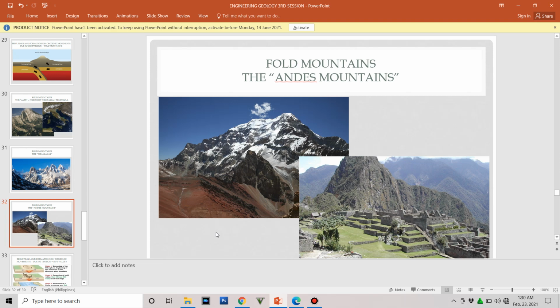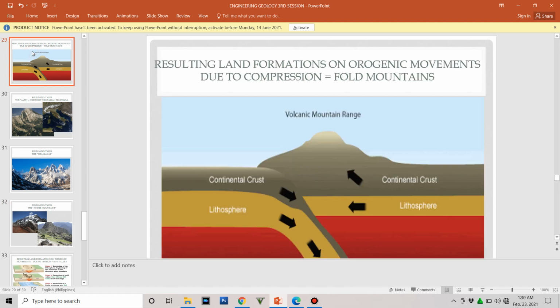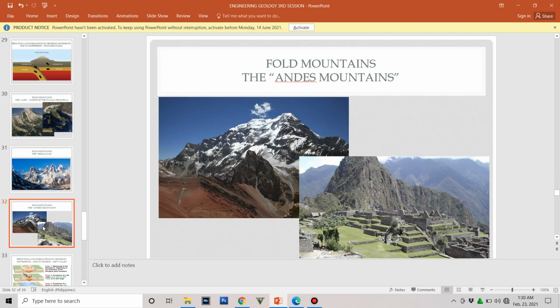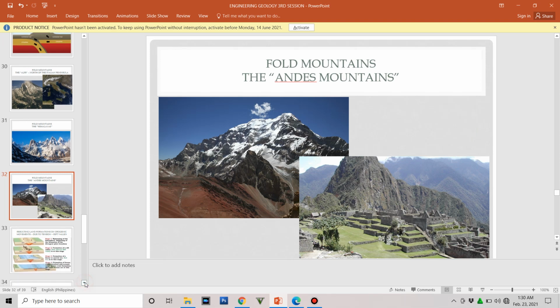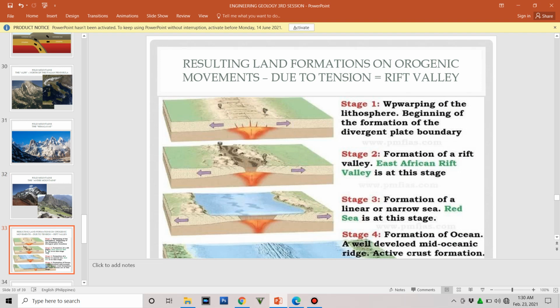So napakataas na volcano, hindi lang isa. No? So more than 50 volcanoes. So we have noted a while ago dito, normally fold mountains are volcanic mountain ranges. We can observe it on the Andes mountains. Okay, so that is due to a compressive force.